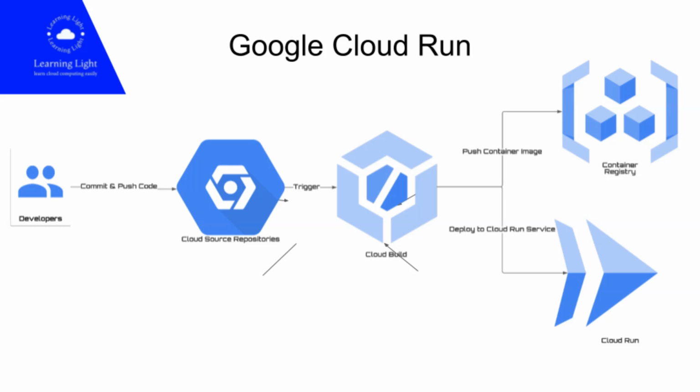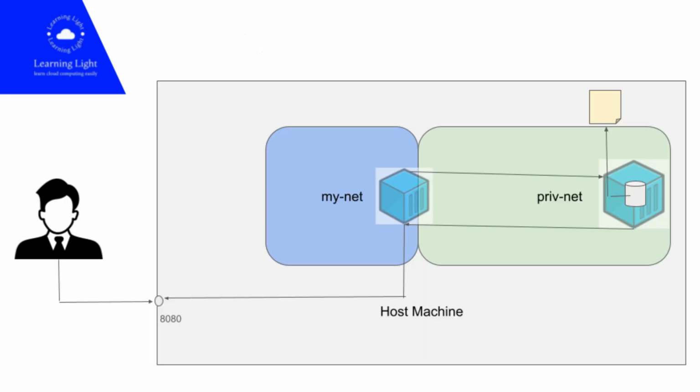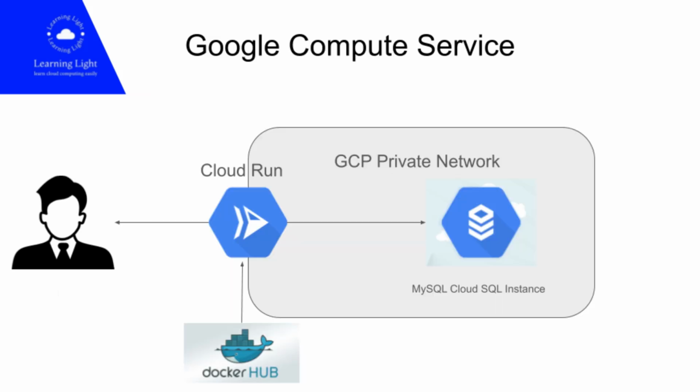Cloud Run allows users to deploy code written in any programming language if they can build a container image from it. In our Docker repository, we have Python code, and this application will connect to a MySQL database server. In this video, we create the MySQL server as well.